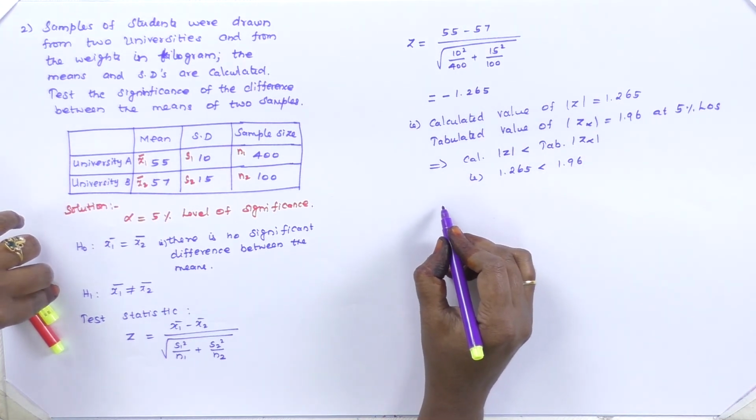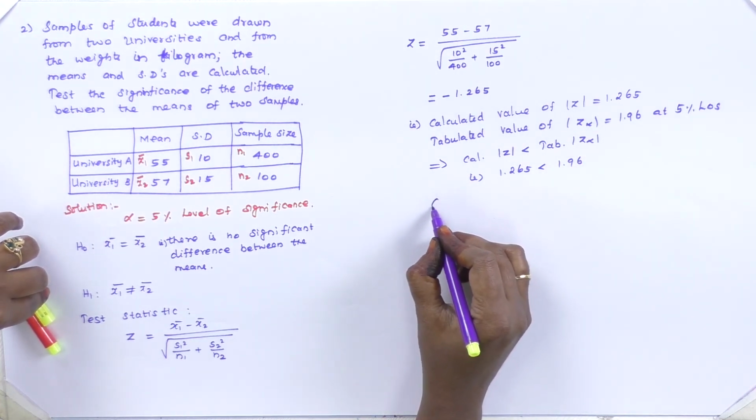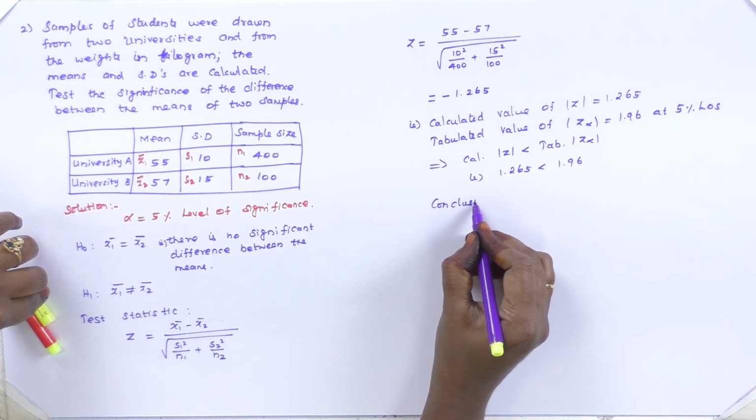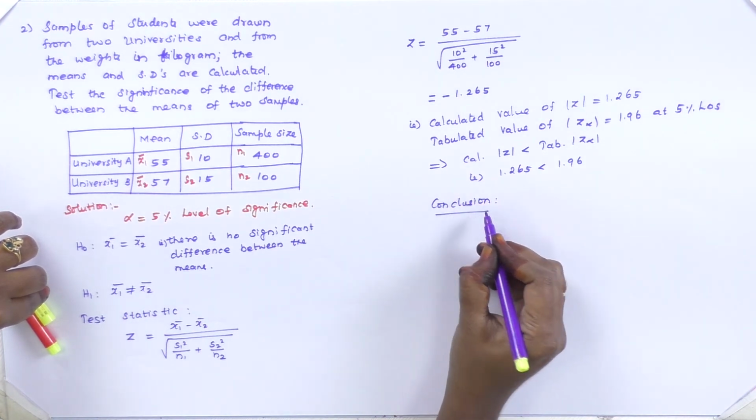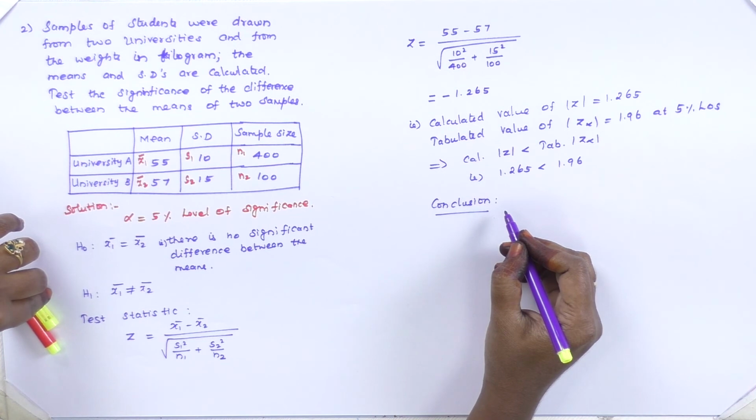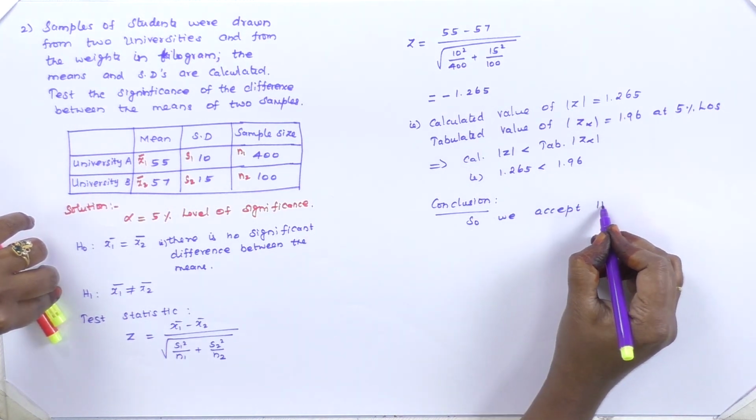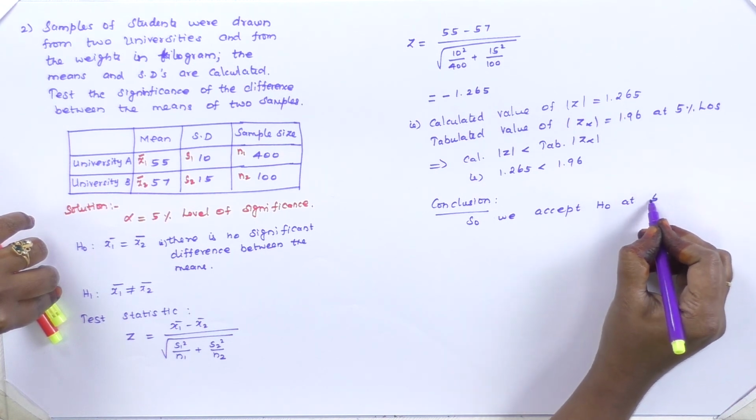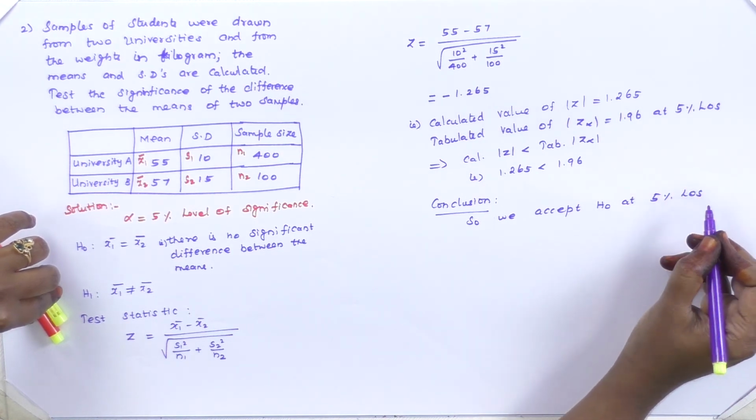So we conclude that if the calculated value is less than the tabulated value, we accept H naught at 5% level of significance. That is, there is no significant difference between the means. X1 is equal to X2. So, accept H naught at 5% level of significance.